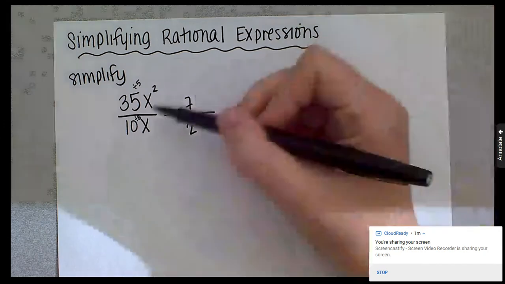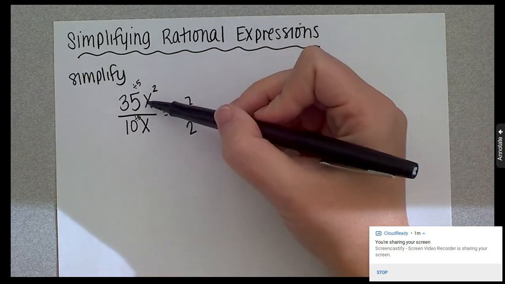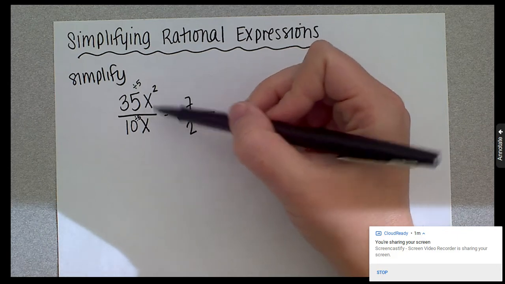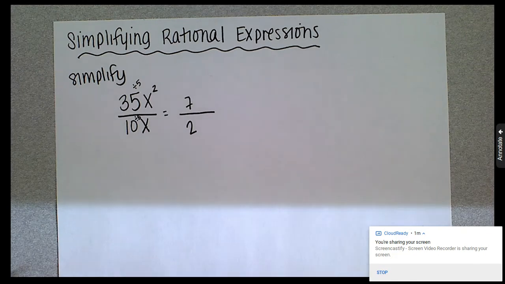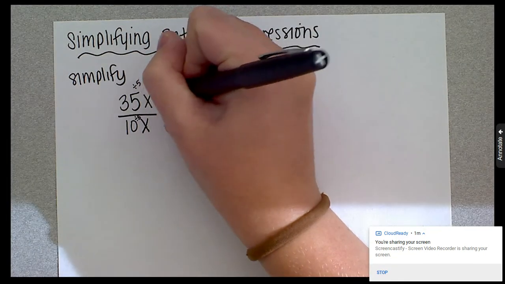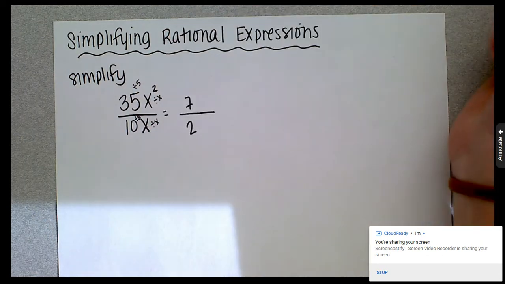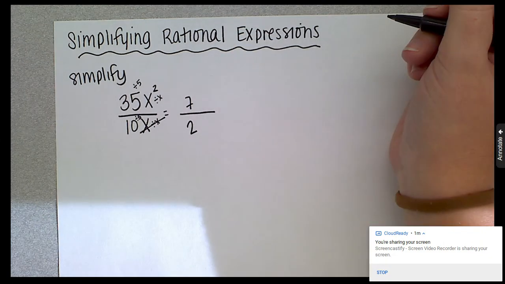Okay. And then I think about x squared and x. And what do those have in common? Well, if you think about x squared, it's x times x. That has two x's involved, and that has 1. So they have 1 x in common. So I can divide out an x. If you want to do it like that, I'm going to not do that in the future, but just to show you what we're doing. So that would just cancel to 1, right? 2 times 1 is just 2, so we're all set.